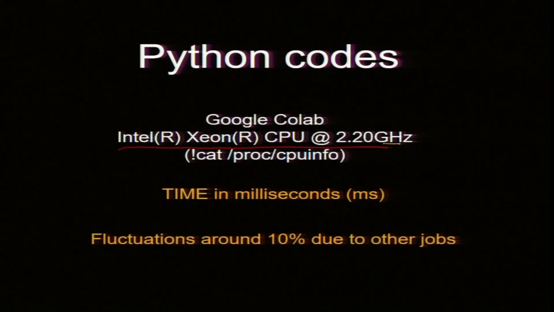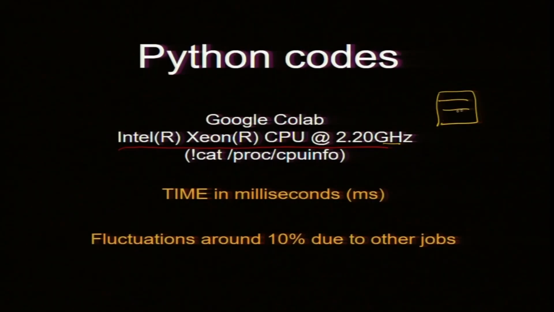Time is in milliseconds, whatever I am going to report is in milliseconds, and there is around 10% error. So, you do another run, your numbers will be different than what I get, because they are multi-user and many people are using the same RAM, same CPU. By the way, when I run a job on CPU, there are many cores.